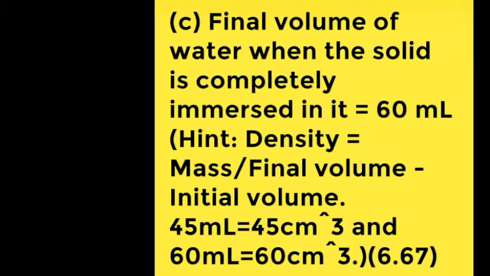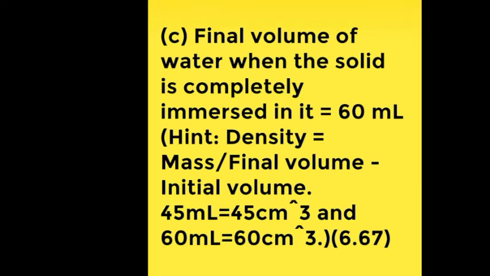So now density equals mass upon final volume minus initial volume. We know that 1 ml equals 1 cubic centimeter, so 45 ml equals 45 cubic centimeter and 60 ml equals 60 cubic centimeter, and the answer will be 6.67 gram per cubic centimeter.